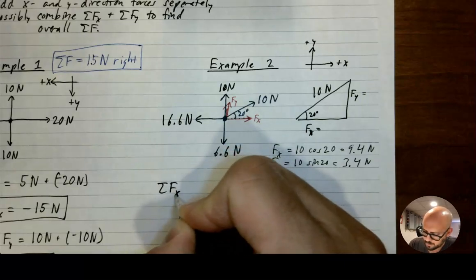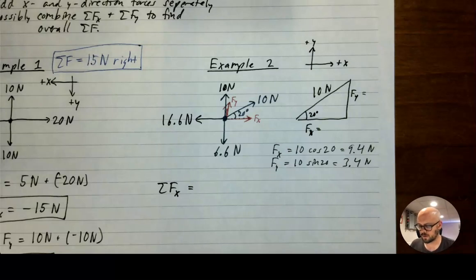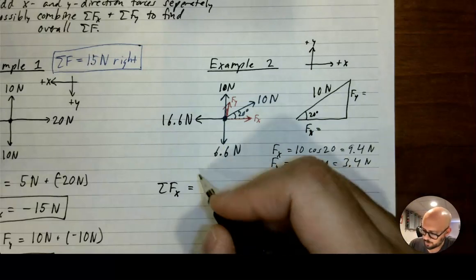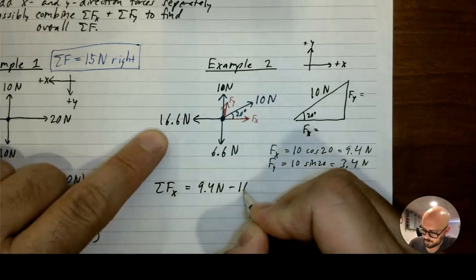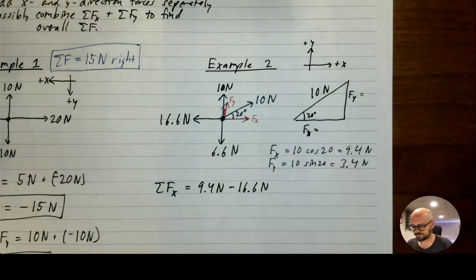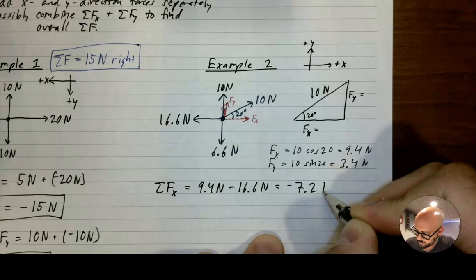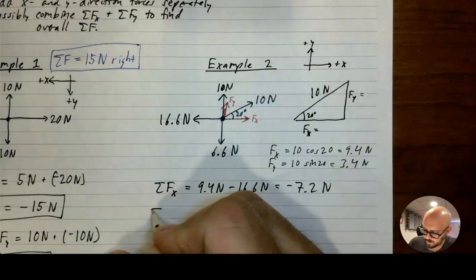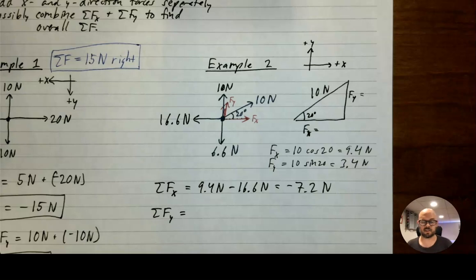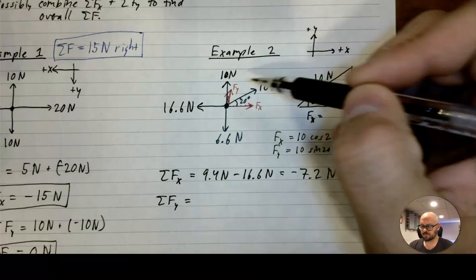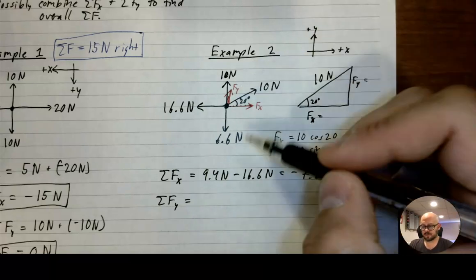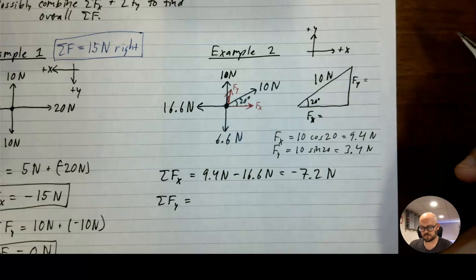Okay, so add everything in the x direction. So this is still pretty easy. So I have 9.4 newtons in the positive, and then I have 16.6 newtons in the negative. So 9.4 minus 16.6 is negative 7.2 newtons. In the y direction, this is where I want to stop and pause because I have a lot of forces going on. I have the 10 Newton force up, I have Fy up, and I have the 6.6 Newton force down.